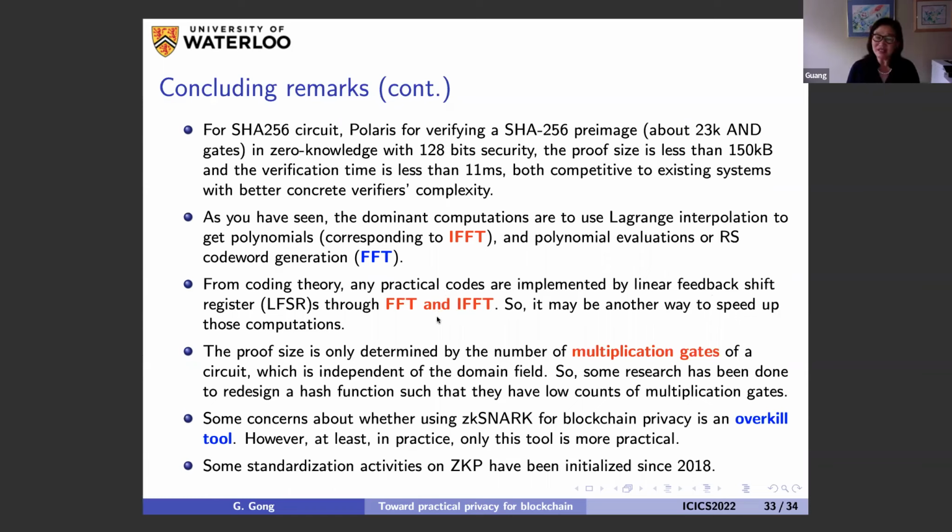So this is the way we look at how to further reduce the computational complexity. Another way is, currently the proof size is only determined by the number of multiplication gates, so one research direction people are pursuing is looking at new hash functions which have a small number of multiplication gates.